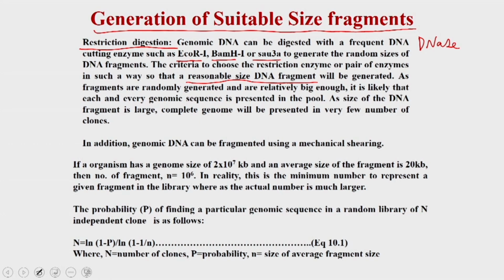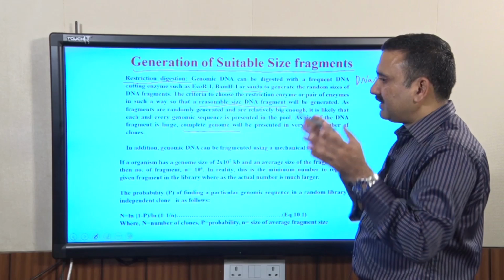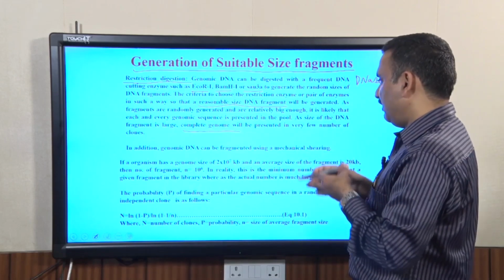As the size of the genome is very big, the number of fragments you are going to get, and subsequently the number of clones, is going to be very large if the fragment size is very small. So, there is a formula which you have to use to ascertain that the genomic library is representing your fragment optimally.